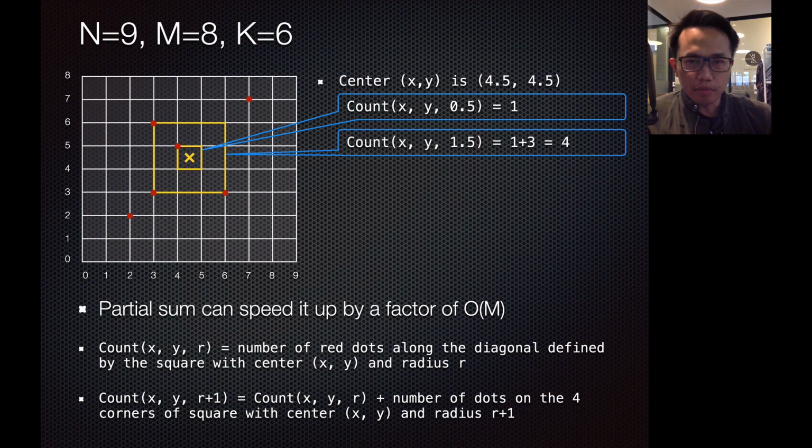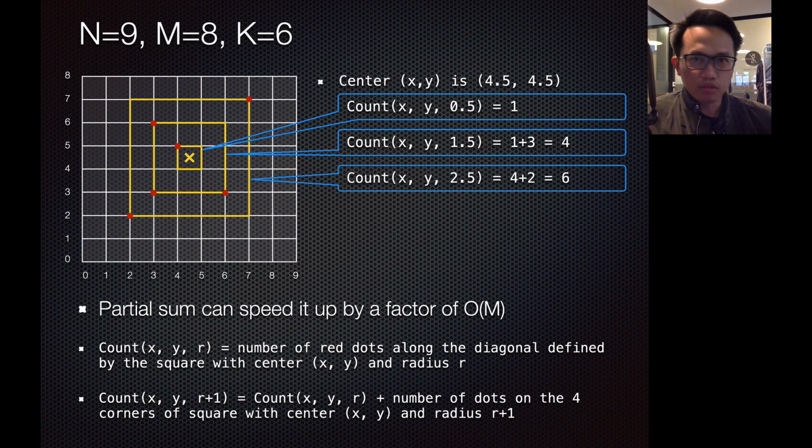Now if you consider a bigger square with a radius larger by 1, so count of xy with 1.5, it would be the previous answer, 1, plus 3 red dots on the border of this larger yellow square. So 4 red dots here. And if you look at a bigger square again, radius being 2.5, it's the previous answer, 4, plus the 2 red dots on the 4 corners of the larger yellow square at the edge.